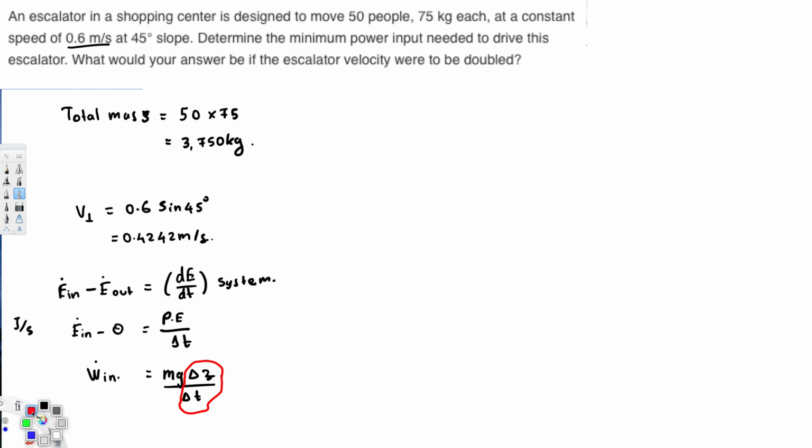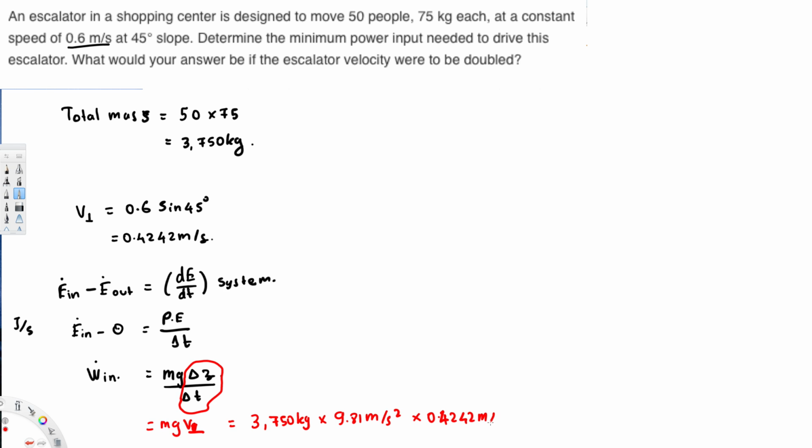So let's write this in terms of velocity. We can write this as m g V vertical. That's going to give us the power input needed, right? Here we have the total mass, 3750 kilograms, times g, the acceleration due to gravity, 9.81 meters per second squared, multiplied by this velocity, 0.4242 meters per second.